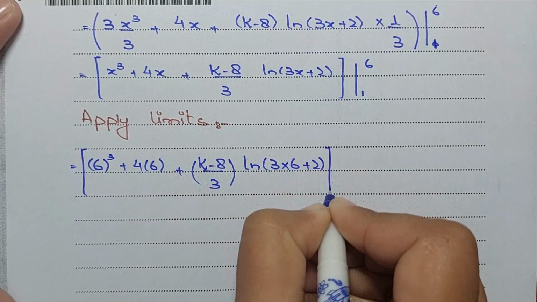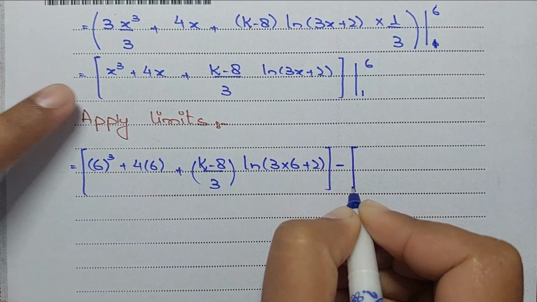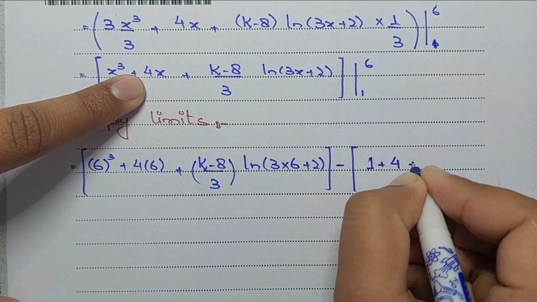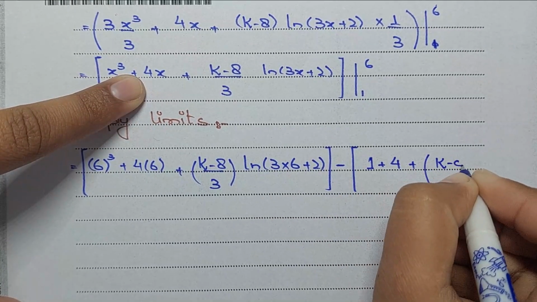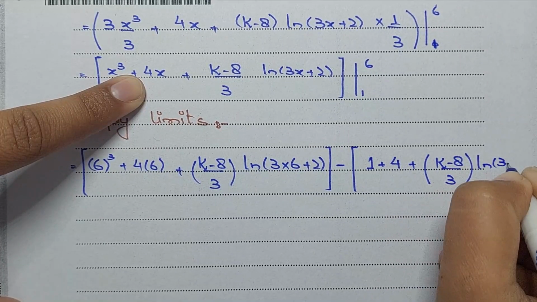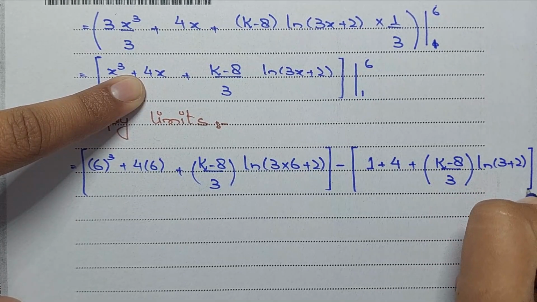This is your upper limit, minus the lower limit, which is 1: 1 cube is just 1, plus 4 times 1 is 4, plus k minus 8 over 3, and natural log of 3 plus 2, which is 5.